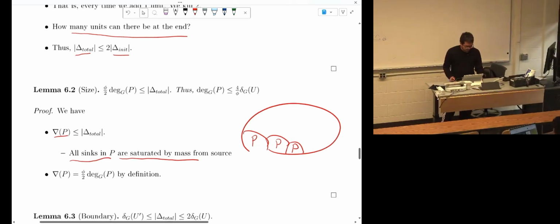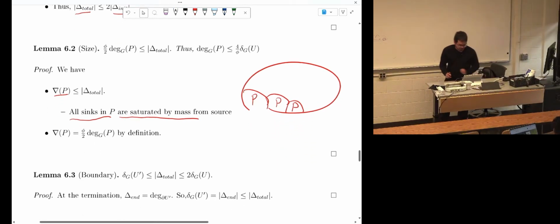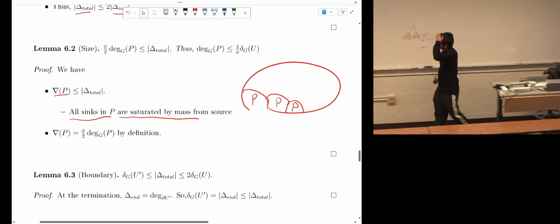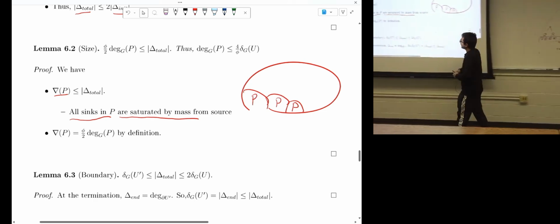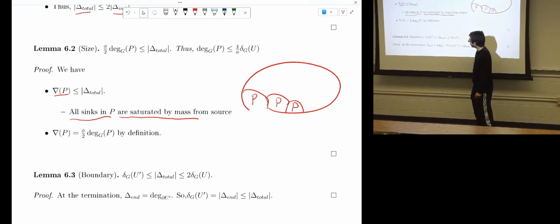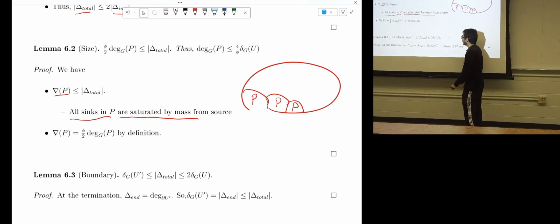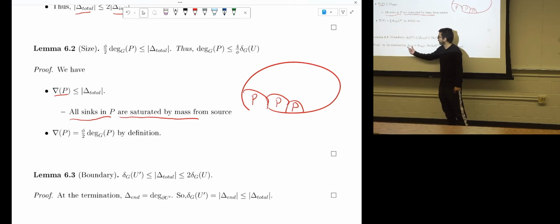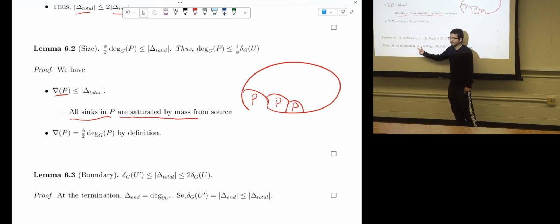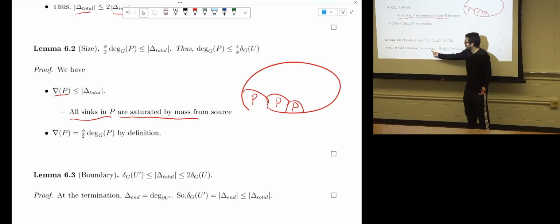And lastly, the battery. The battery here is at most the total mass. Why? Just look at the source at the end. The source at the very end is just the battery of your U prime, right?